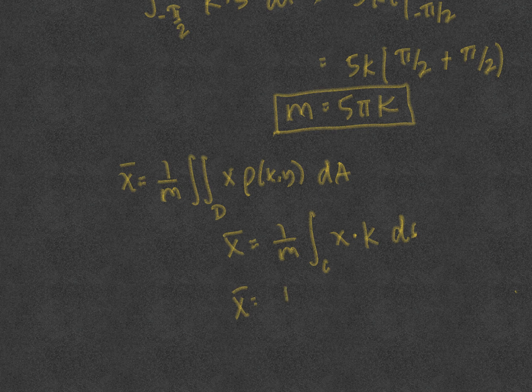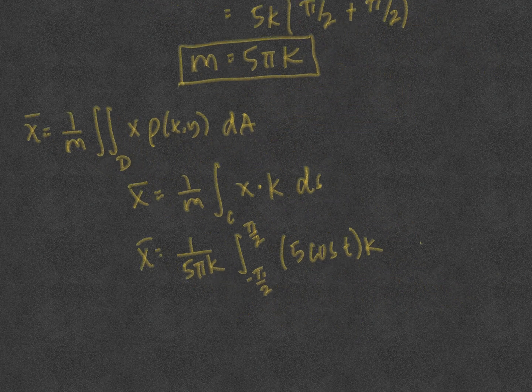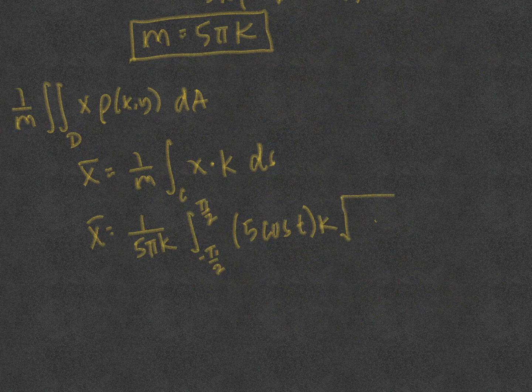So then we can say 1 over 5 pi k times the integral from negative pi over 2 to positive pi over 2, and x is equal to 5 cosine t, times k, times the square root of, it's a long square root, so maybe I'll write small, negative 5 sine t quantity squared, which is 25 sine squared t, plus 25 cosine squared t, all with respect to t.